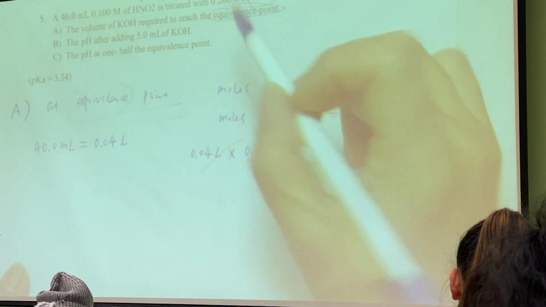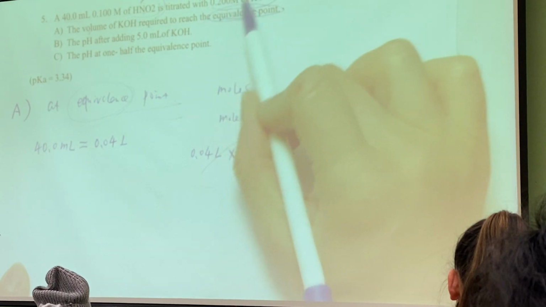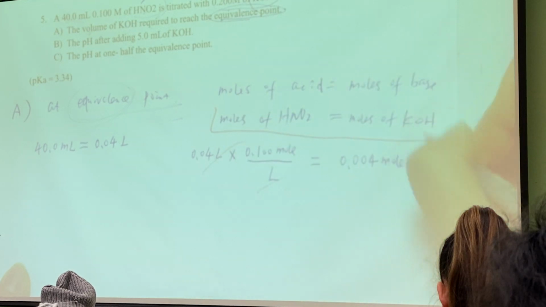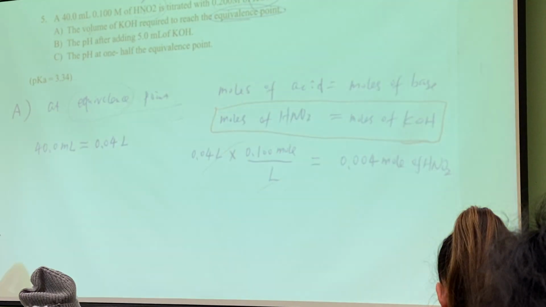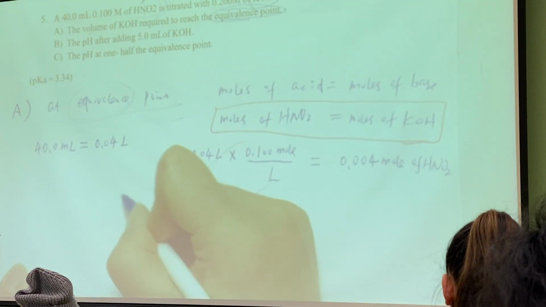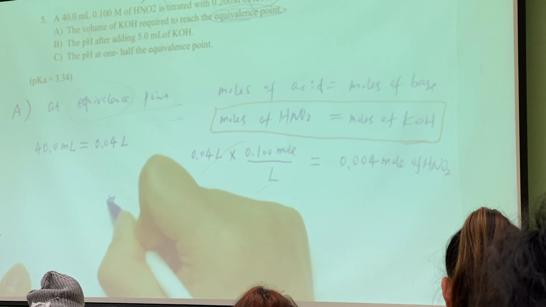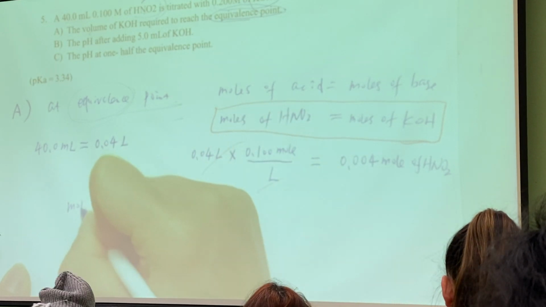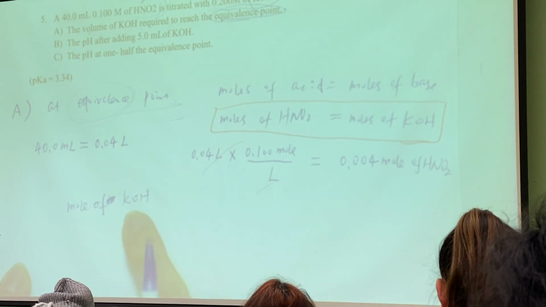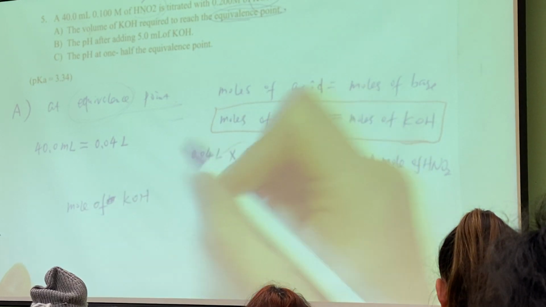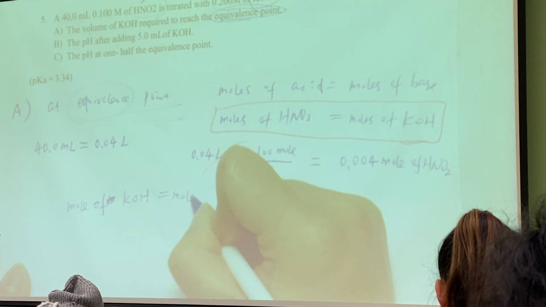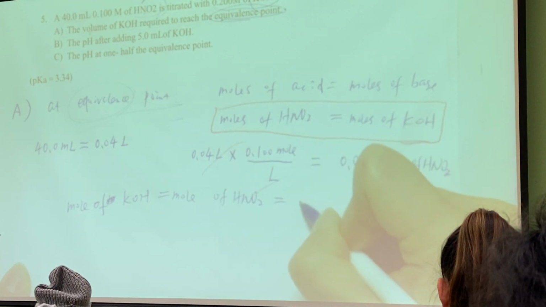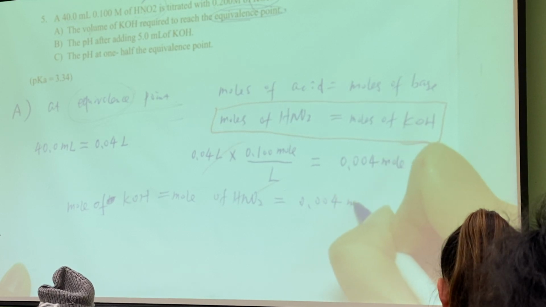For the base, you're only given the concentration, but the moles of potassium hydroxide should equal the moles of acid, equal to 0.004.